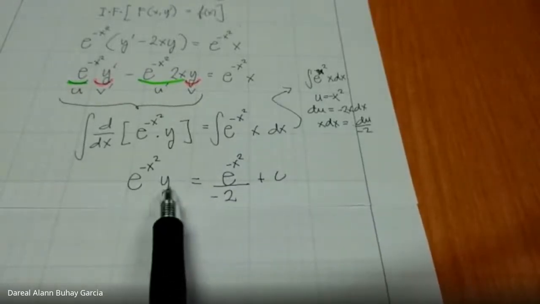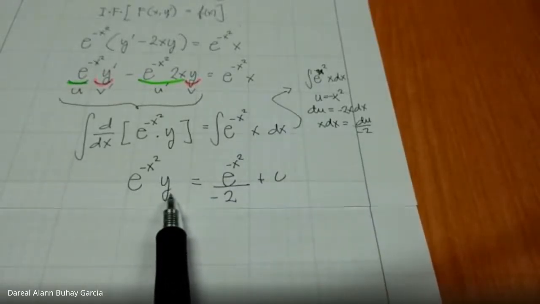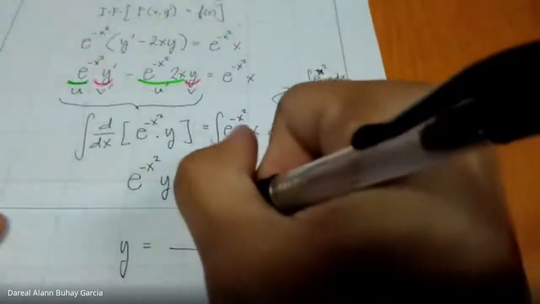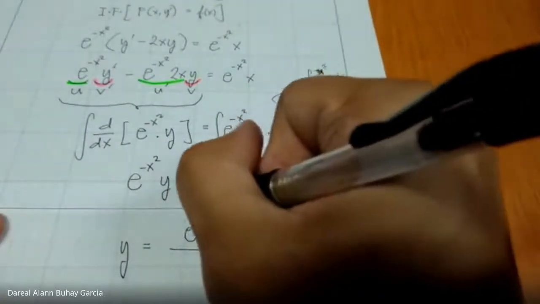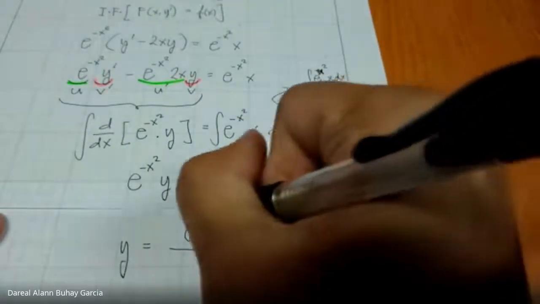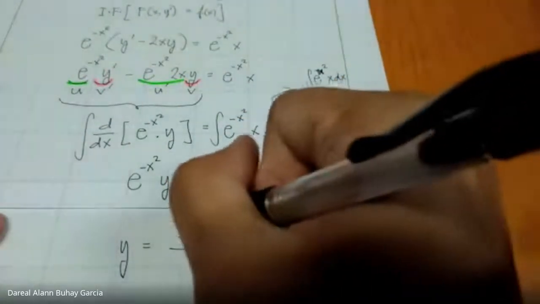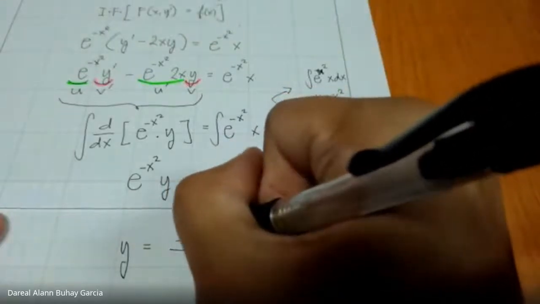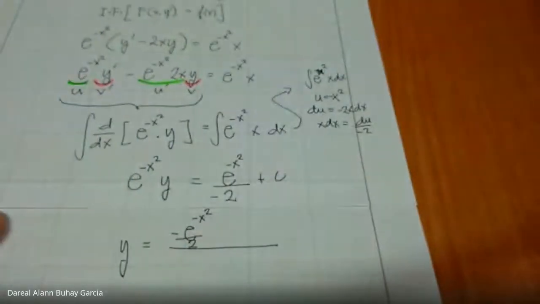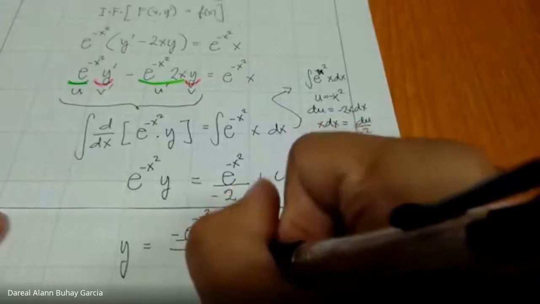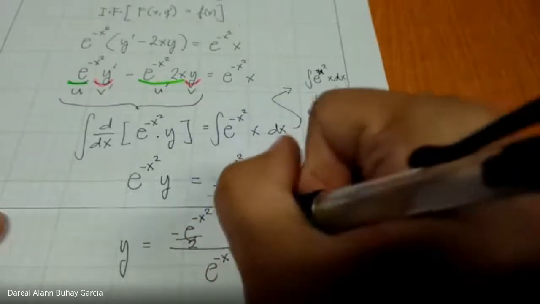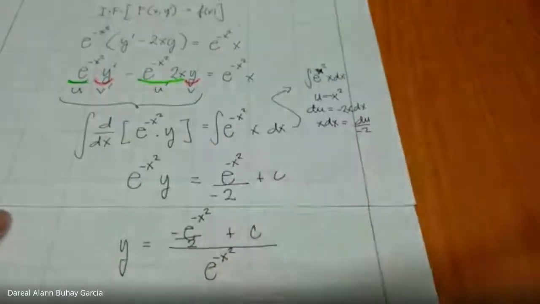So, to get an expression of y, you just divide everything by the integrating factor. Meaning y is equal to e to the negative x squared over negative 2, all over e to the power of negative x squared, plus c.